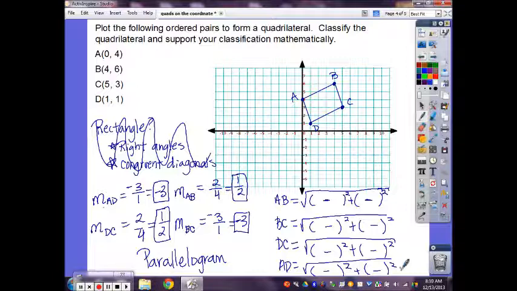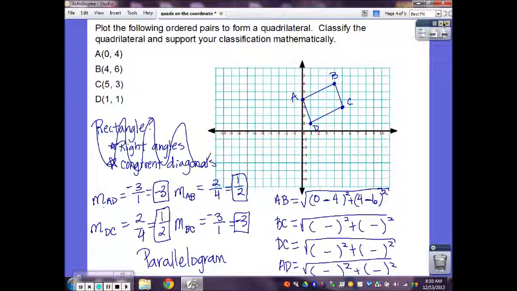And so for AB, A's coordinates are 0 and 4, so I'm just going to put them in here, 0, 4. And B's coordinates are 4 and 6. Then I'm going to use a little bit of mental math here. 0 minus 4 is negative 4. Negative 4 squared is 16. And 4 minus 6 is negative 2. Negative 2 squared is 4.